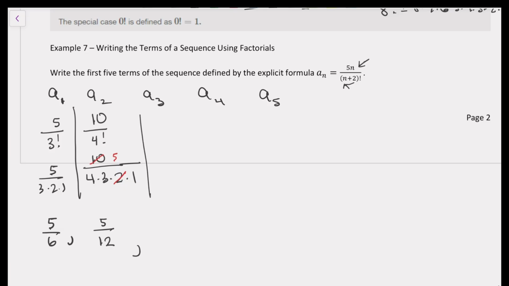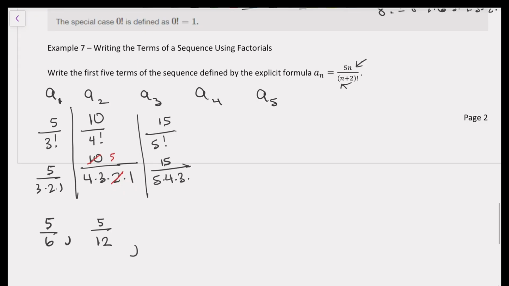Okay. A sub 3, top number will be a 15. Bottom number will be a 5 factorial. So 15 is on top, 5, 4, 3, 2, 1 on the bottom. Well, 5 times 3 is 15, so this simplifies to 1 over 8.